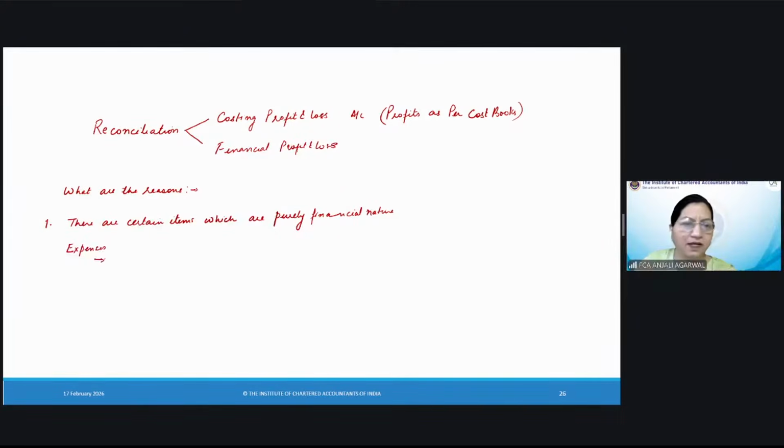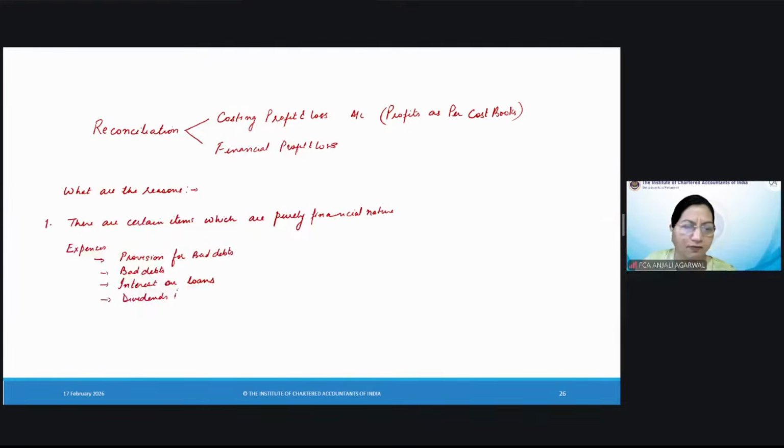In the expenses side, it could be provision for bad debts, or even bad debts, interest on loans. These are purely financial in nature.